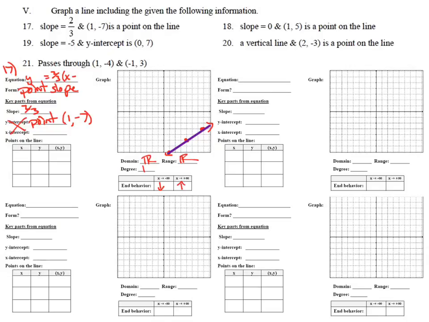Sorry. So y minus our y1 value, which was -7. So y plus 7, now that we fixed that, equals 2/3 times x minus our x1 value of 1. There we go. Now we have our equation in point-slope form of y plus 7 equals 2/3 times x minus 1.